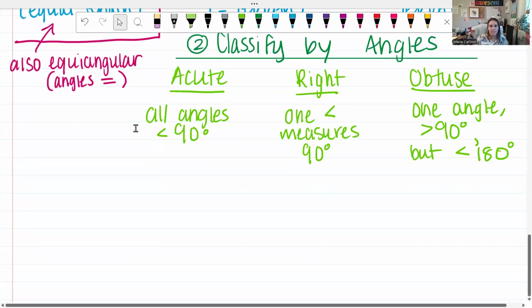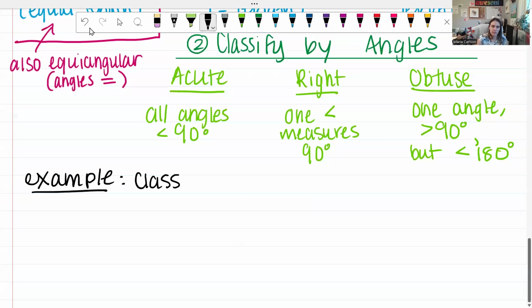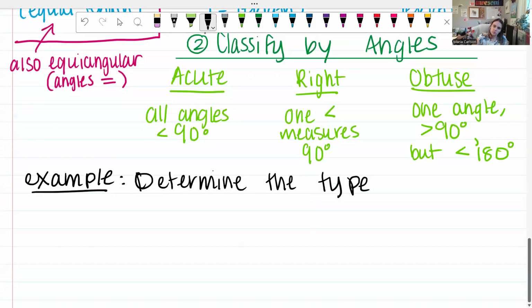So looking at an example, we're going to determine the type of triangle.